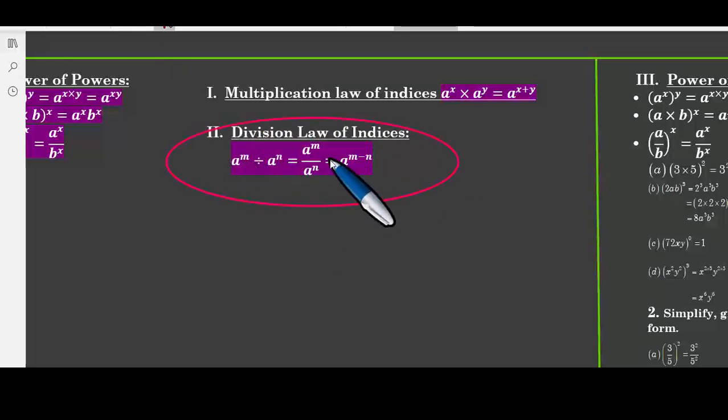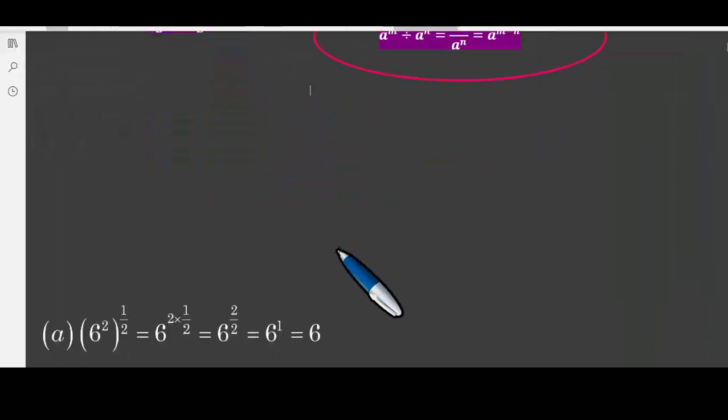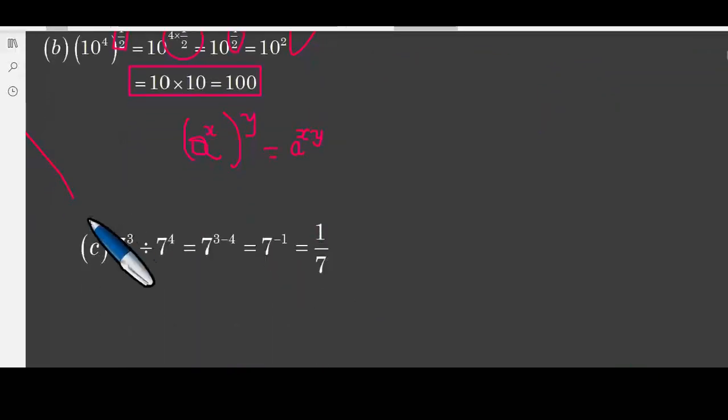This law has been applied in solving this problem. Please see, because when we divide the same power, the exponents are subtracted.